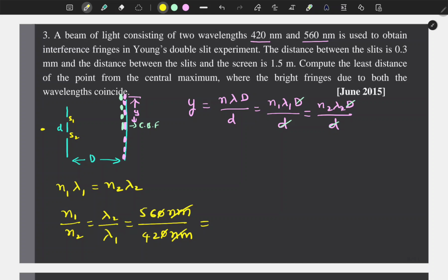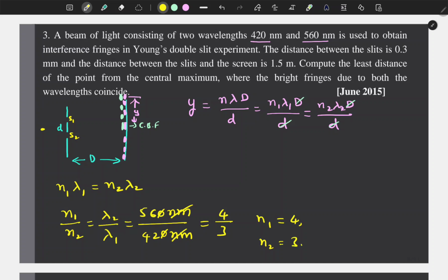So don't try to find the answer in fractions, but we need it in p by q form. So the least value in p by q form is 4 by 3. Below that, if you try to divide, it will become like decimal points. So 4 by 3. So that means n1 value is 4 and n2 value is 3.